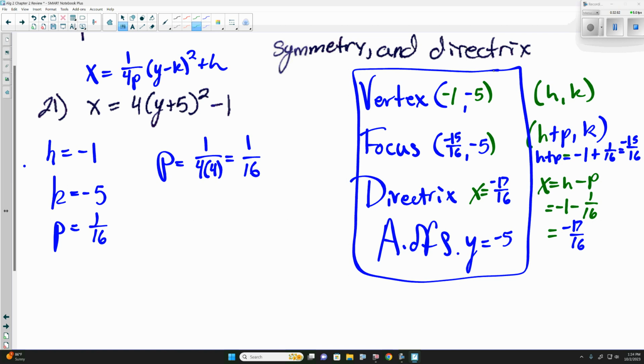The axis of symmetry, you get 1 point for the y equals, and 1 point for the negative 5. And if you worked it and did do it, you would get 1 point. So at minimum, by just looking at the equation, setting up directrix and axis of symmetry, you should get at least 3 points to start with. Questions on this here?